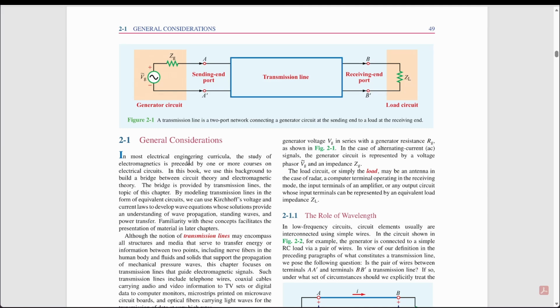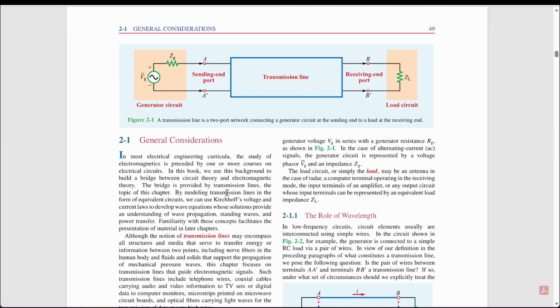In most electrical engineering curricula, the study of electromagnetics is preceded by one or more courses on electrical circuits. In this book, we use this background to build a bridge between circuit theory and electromagnetic theory. So we'll start by comparing electromagnetics with circuits and use KVL and KCL.